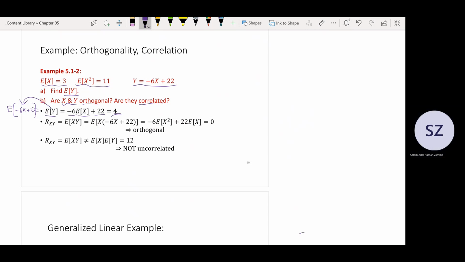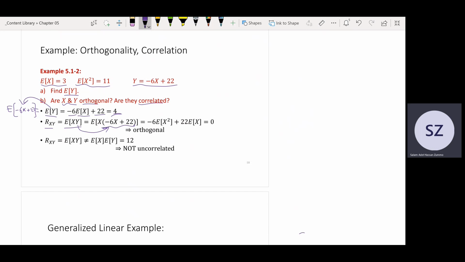Okay? Now check whether they are orthogonal or not. How to do that? Find the correlation, right? The correlation, by definition, R_xy equals the expected value of xy. We have x, however, we need to substitute for y. So this is y. Okay, and then we multiply.